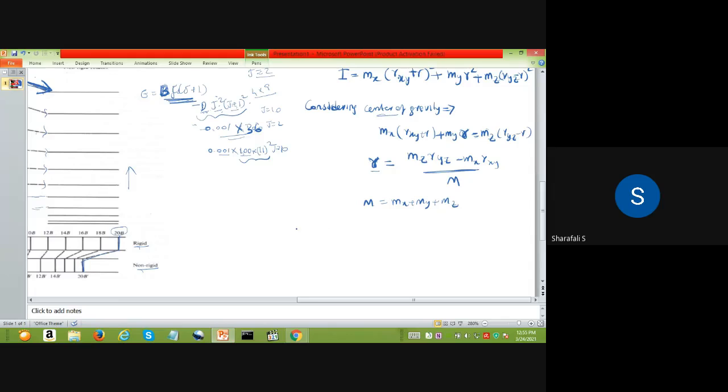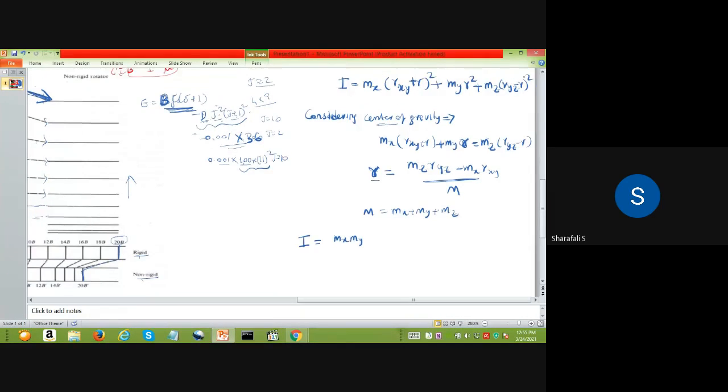Now you substitute that for r, then your moment of inertia I will be equal to mx my rxy square plus my mz ryz square, plus mx my into rxy plus ryz square, and this has to be divided by mx plus my plus mz.